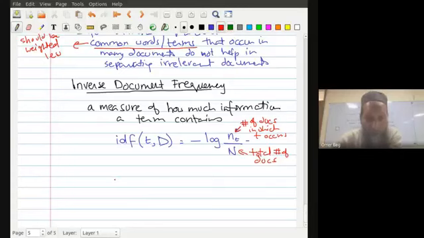So let me flesh it out. D is basically the set of all documents, D1, D2, all the way to DM.